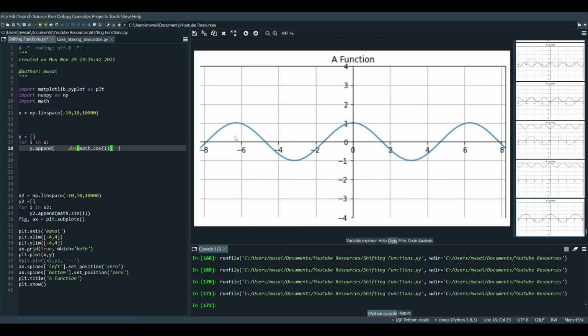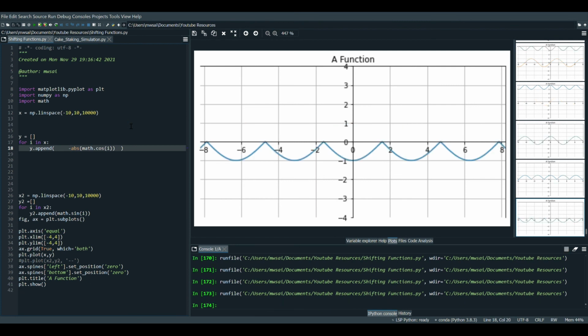So in this graph, anything that's below the x-axis is going to be mirrored up to the top, but everything above the x-axis is going to remain the same. So taking the absolute value of the entire function makes this interesting little wave pattern that has a point. And we can make the entire thing negative after the absolute value and get a wave on the opposite side.